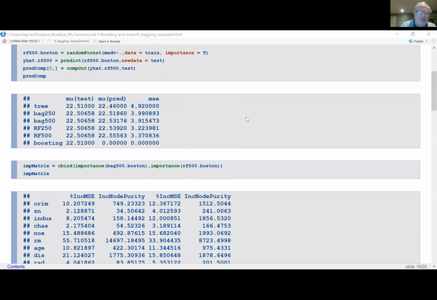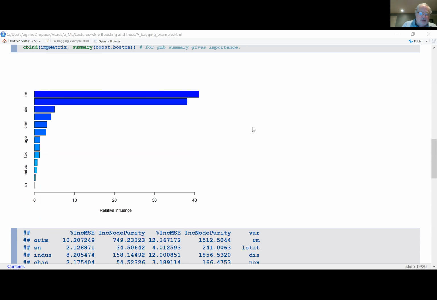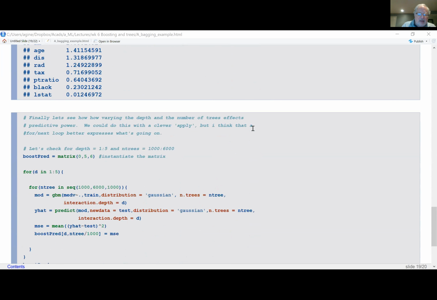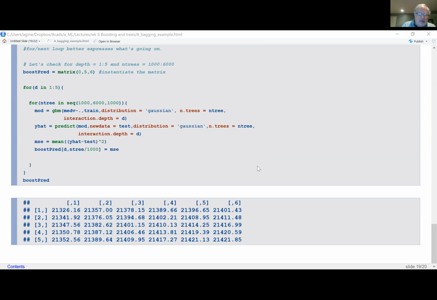Yeah, I don't know. The only thing I can read from this that I believe is that all these models are relatively independent from 1,000 to 6,000 trees. They gave you about the same error.